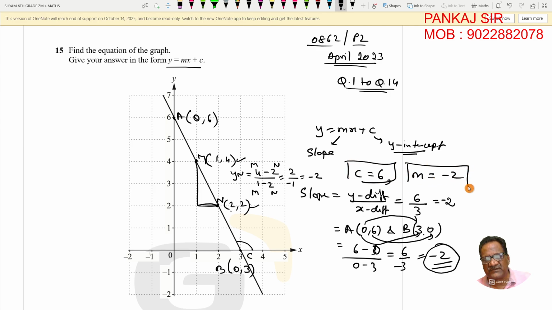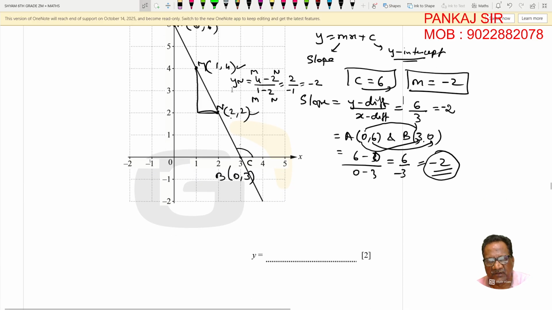These are the 2 things we got. Now put these values into the equation and you will get the equation of the graph: y equals minus 2x plus 6.